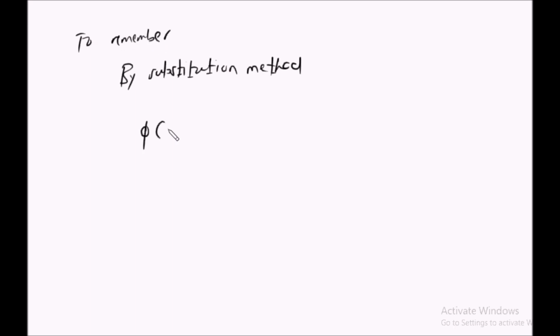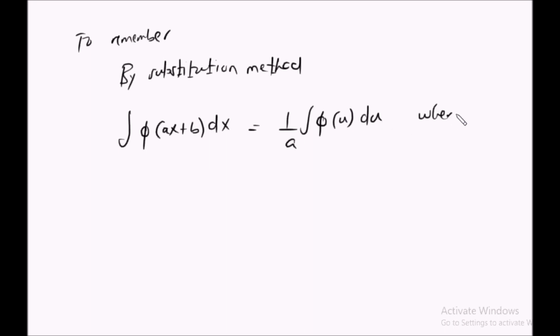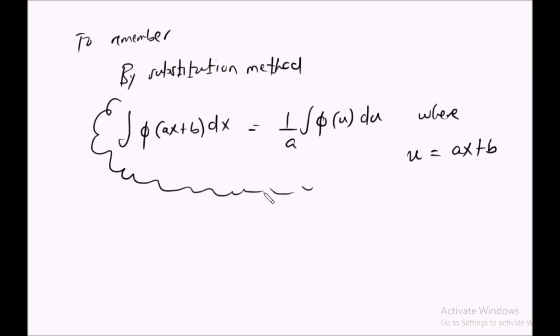Niki-integrate a function of a linear function kama hii hapa with respect to x, nitapata tu 1 over a phi of u nini? Du. So where u is sawa na nini? Ax plus b. So this is a formula kama nitakuwa na a function of a linear function. So in the next tutorial we're going to use this formula. So this was case 1.